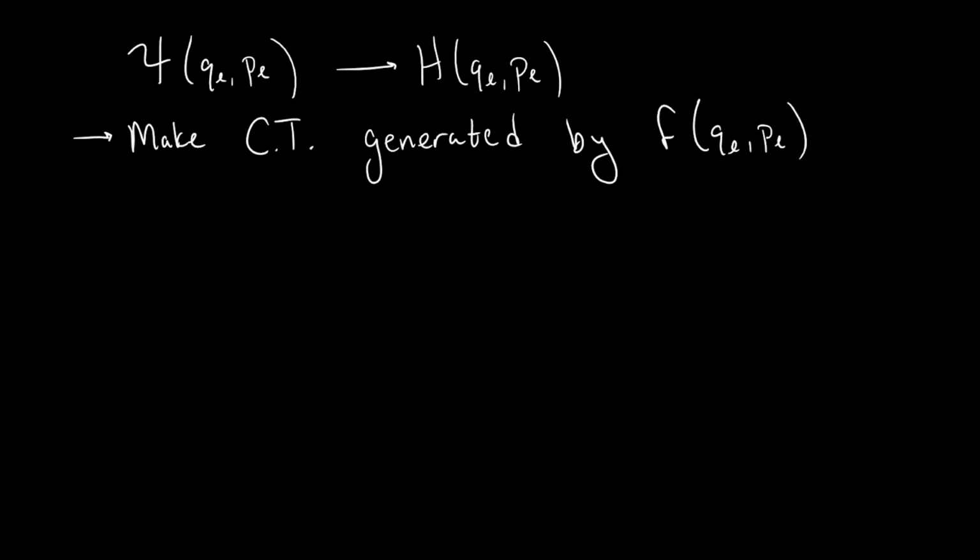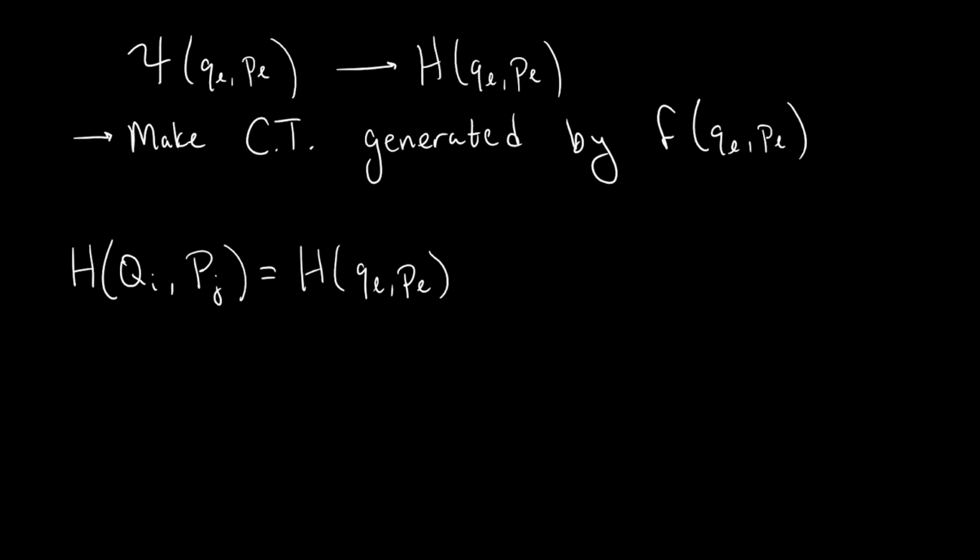We already saw that when I make a canonical transformation, my Hamiltonian in terms of my new coordinates is written as my Hamiltonian in terms of my old coordinates plus epsilon times the Poisson bracket of h comma f, plus order epsilon squared terms, higher order epsilon terms, which I don't really care about.